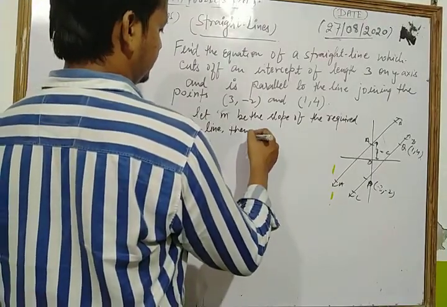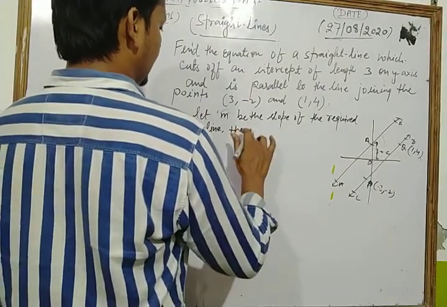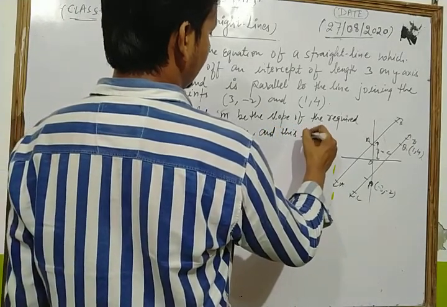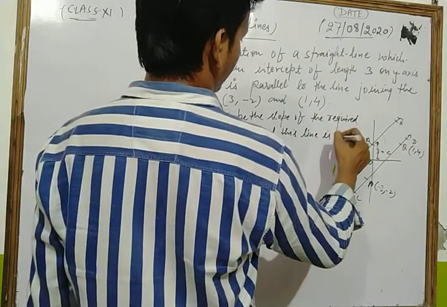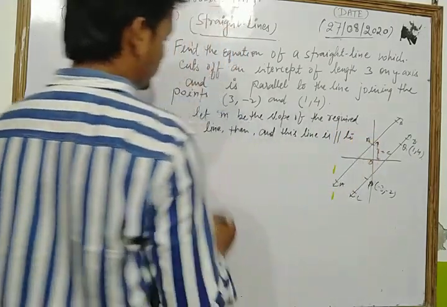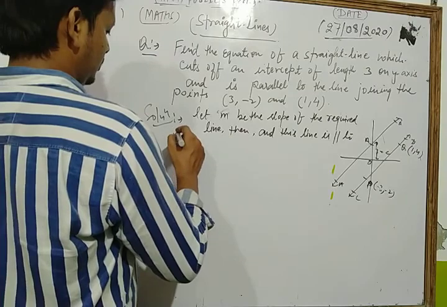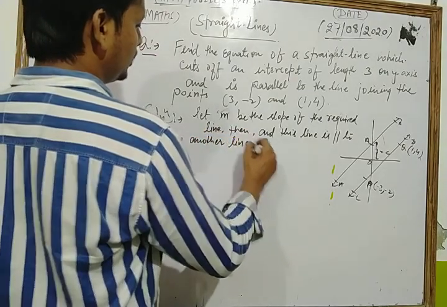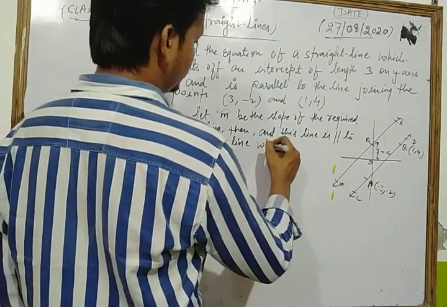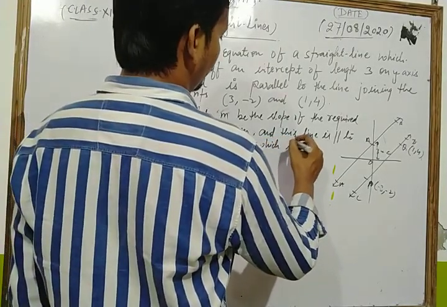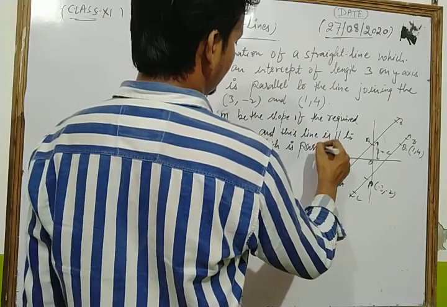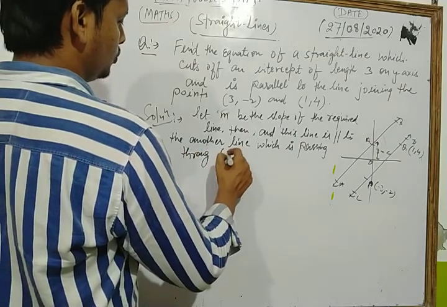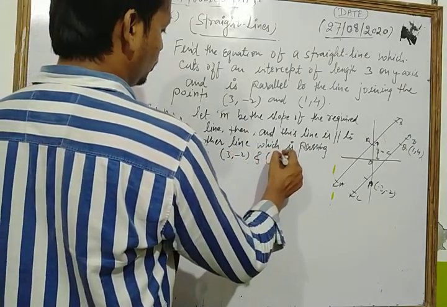Then this line is parallel to another line which is passing through the points (3, -2) and (1, 4).